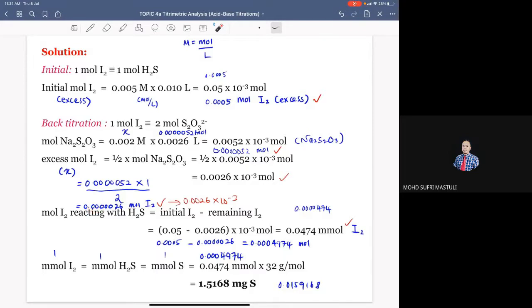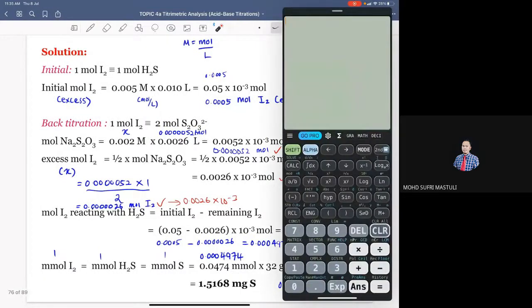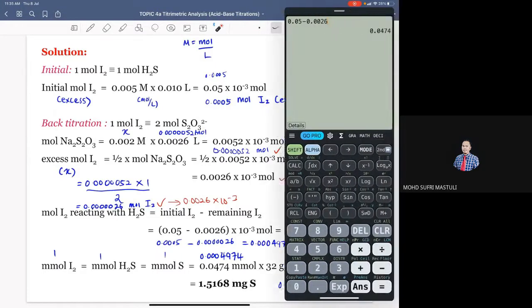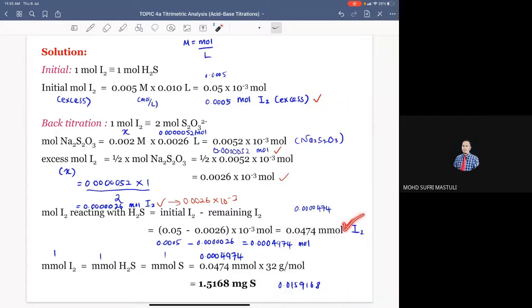Why do I get this? What's wrong? This looks like correct.